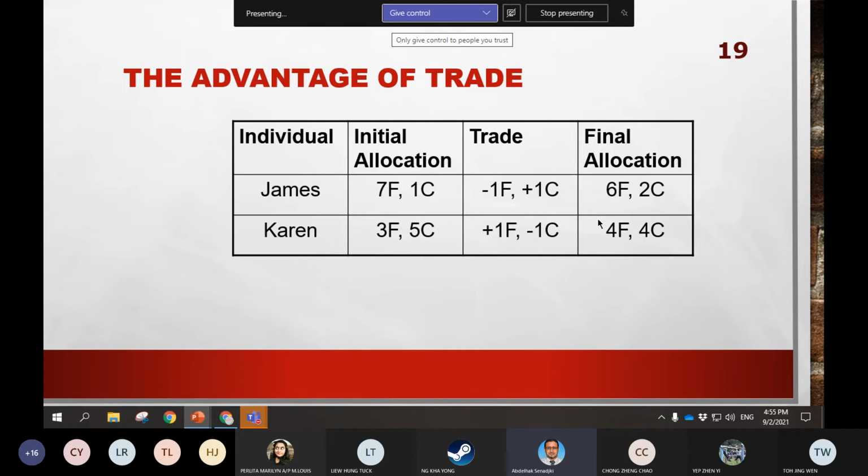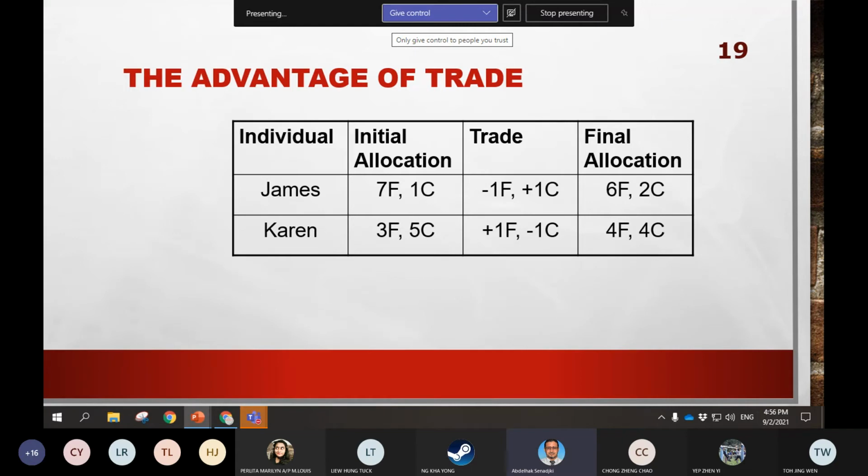When you see here, both of them actually gain because James will have more clothing, which he values more than food, and Karen will have more food, which she values more than clothing.